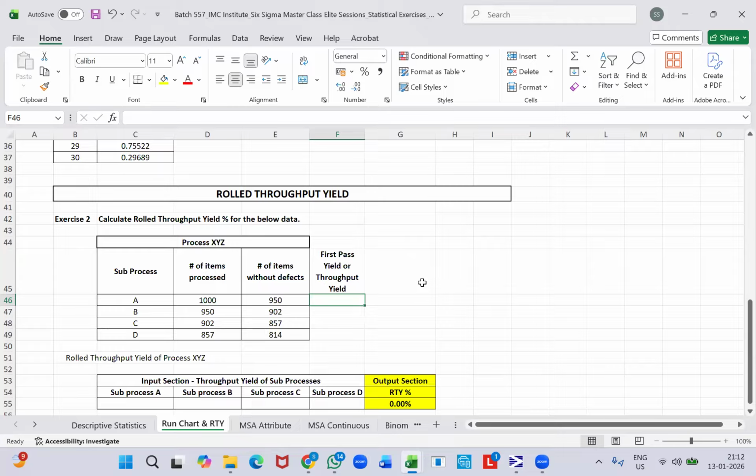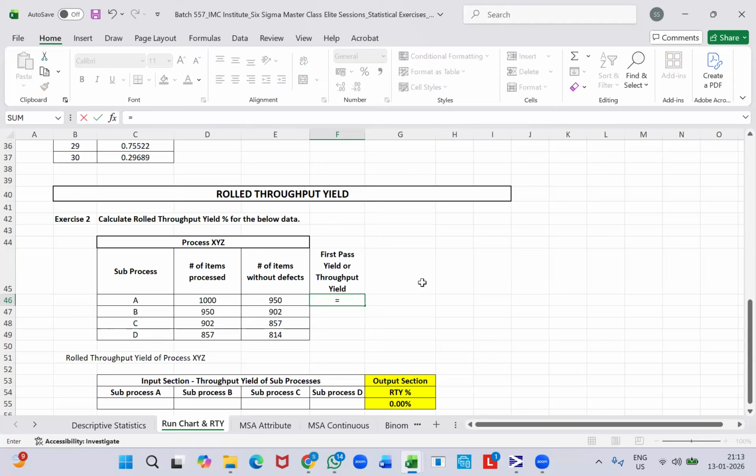In the final assessment, you'll be provided with the throughput yield values, but those will be percentage values. So what are we supposed to do? We need to convert all those percentage values into decimals and simply multiply them to get the roll throughput yield in decimal. That decimal value can be converted and expressed as a percentage. So let me perform the calculation.